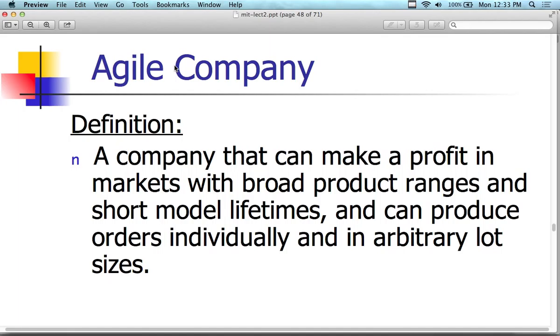Actually, I've noticed some good changes at I2 within the last 6 months since the new management took over. An agile company, by definition, is a company that can make a profit in markets with broad product ranges, offering online classes as well as traditional classes, and short model lifetimes, being able to do it quickly and produce orders individually in arbitrary lots and sizes.